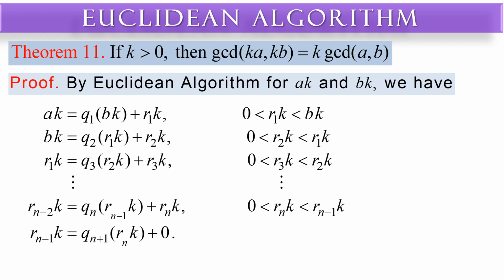and r sub n minus 2 times k is equal to q sub n times the quantity of r sub n minus 1 times k plus r sub n times k, where r sub n times k is greater than 0 but less than r sub n minus 1 times k.